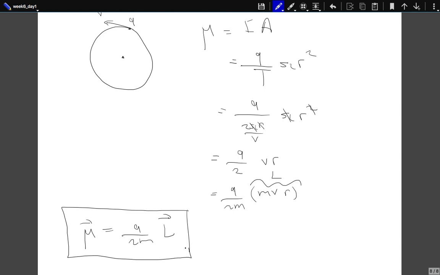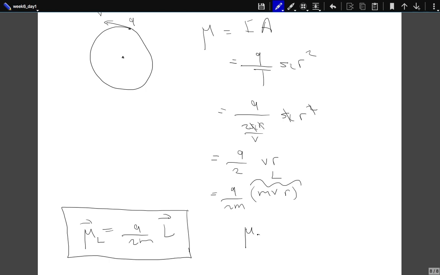This relationship also holds quantum mechanically for orbital angular momentum. But if you consider the electron, it doesn't only have the orbital angular momentum, it also has the spin angular momentum. This is the contribution to the magnetic dipole moment of an electron due to its orbital angular momentum.